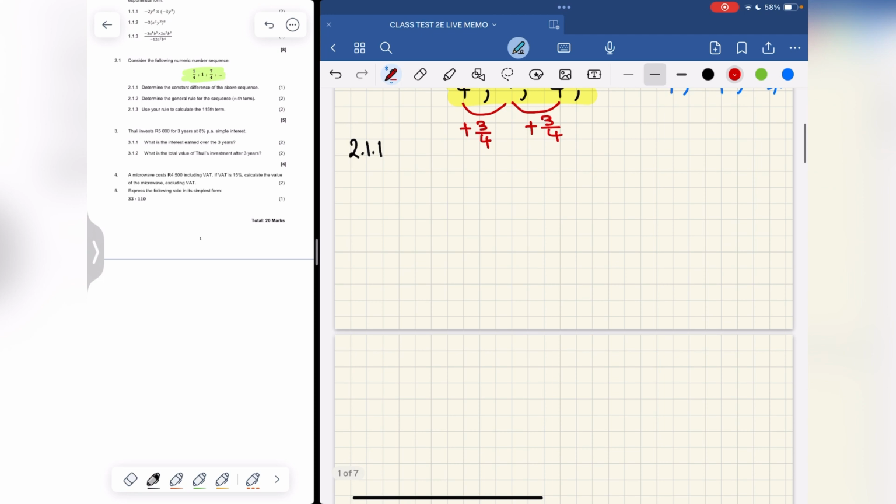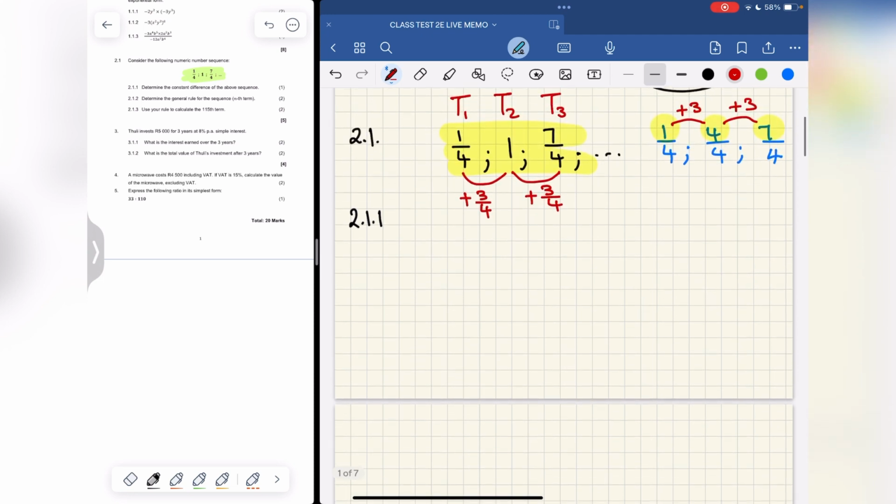Of course, previously I didn't really talk about the rule to calculate the constant difference, and maybe we can just talk about it now. To get a constant difference, I know that I can take term 2 and subtract term 1. And if that happens, I've got 1, which I'll write as 4 quarters now, minus 1 quarter, and that'll give me 3 quarters.